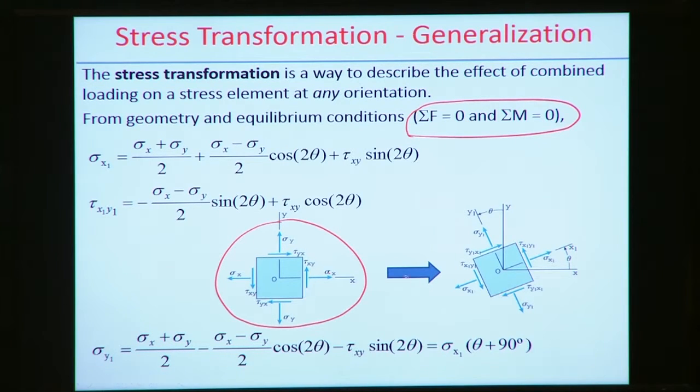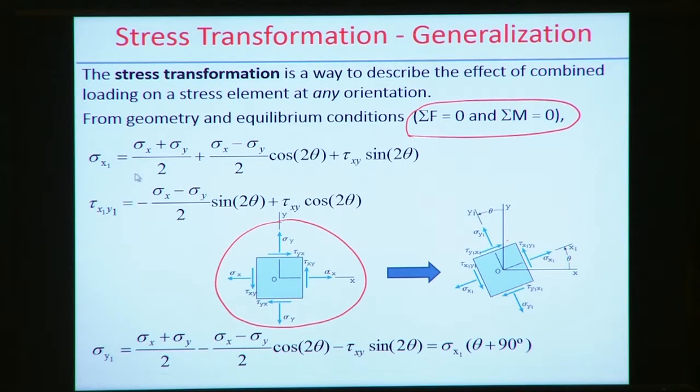Now suppose there is an orientation at angle theta, which produces two orthogonal axes, x1 and y1. On the x1 and y1 axes there is a representation of the stresses: sigma x1, sigma y1, tau x1y1, and so on.